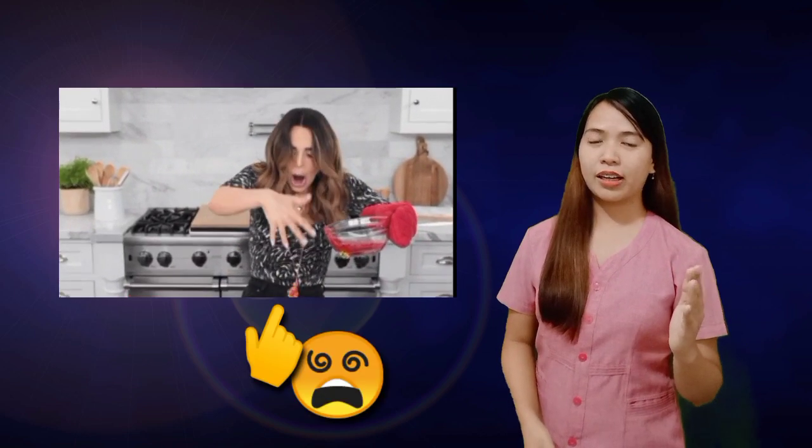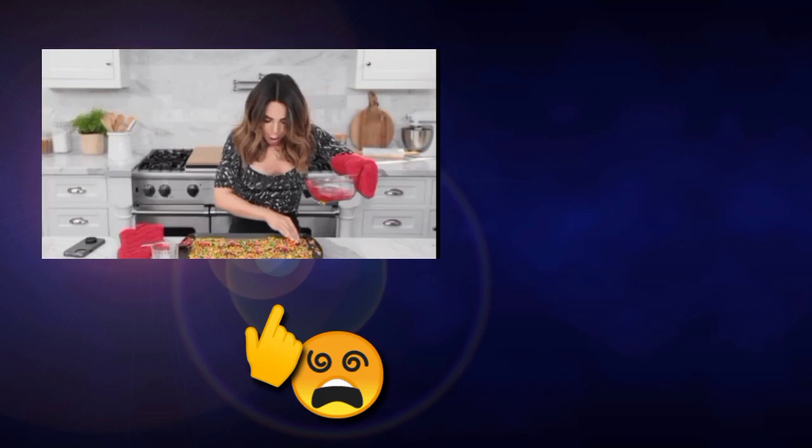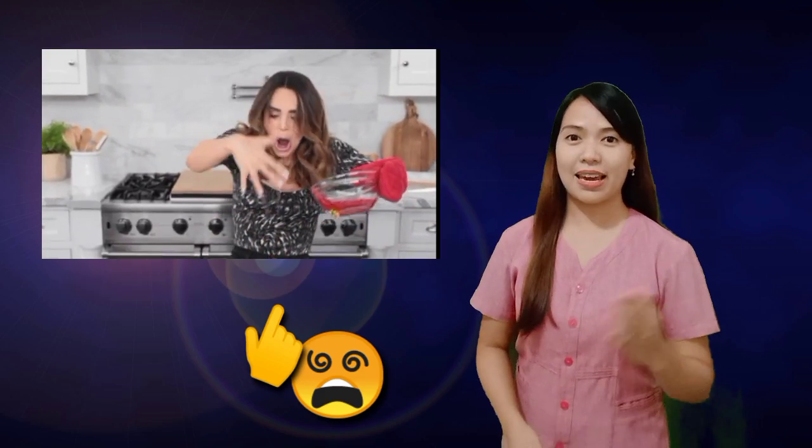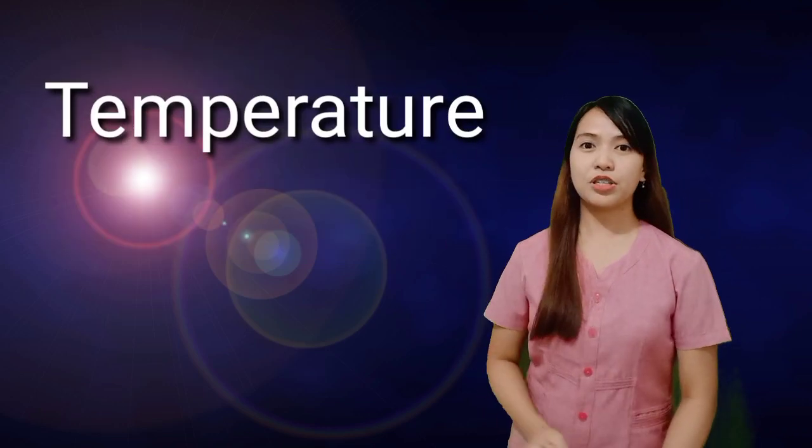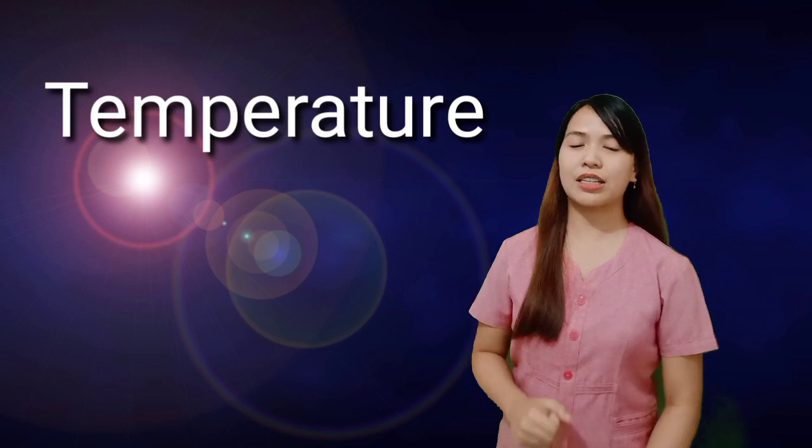For example, when you touch a hot object, you feel the sensation of pain. What causes it? It's because the pain is related to the speed of particles in the hot object. This leads to the definition of temperature, which is proportional to the average kinetic energy of particles in a substance.